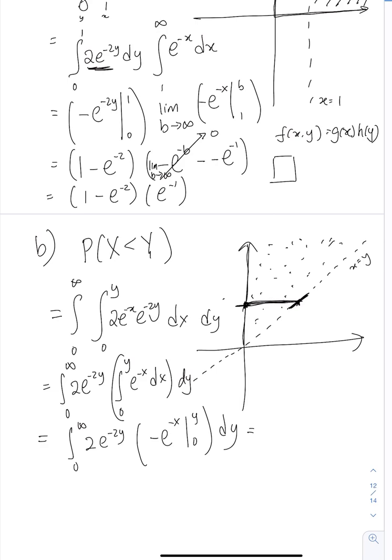So that is integral 0 to infinity 2 e to the minus 2y. You plug in y, you plug in 0, and this will turn out to be 1 minus e to the negative y.